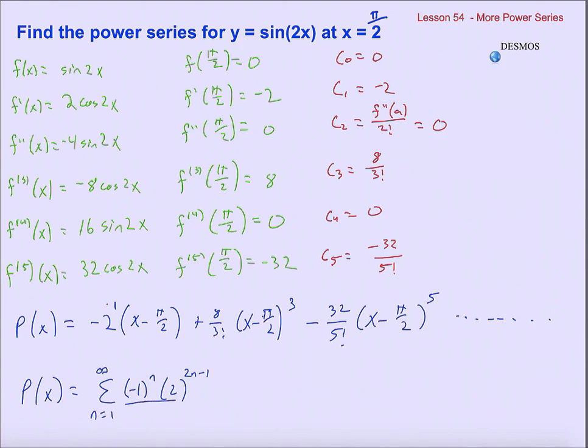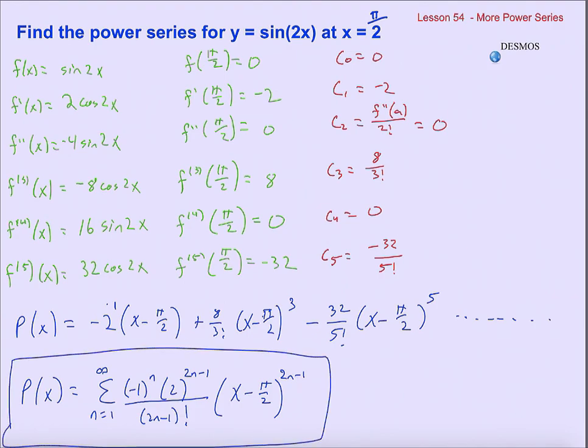The rest of my coefficient here is over that same 2n minus 1, that same odd number, factorial, times x minus pi over 2 to the same odd numbered exponent, 2n minus 1. So notice that 2n minus 1 appeared all over the place there. And that is the power series for sine of 2x evaluated at pi over 2.